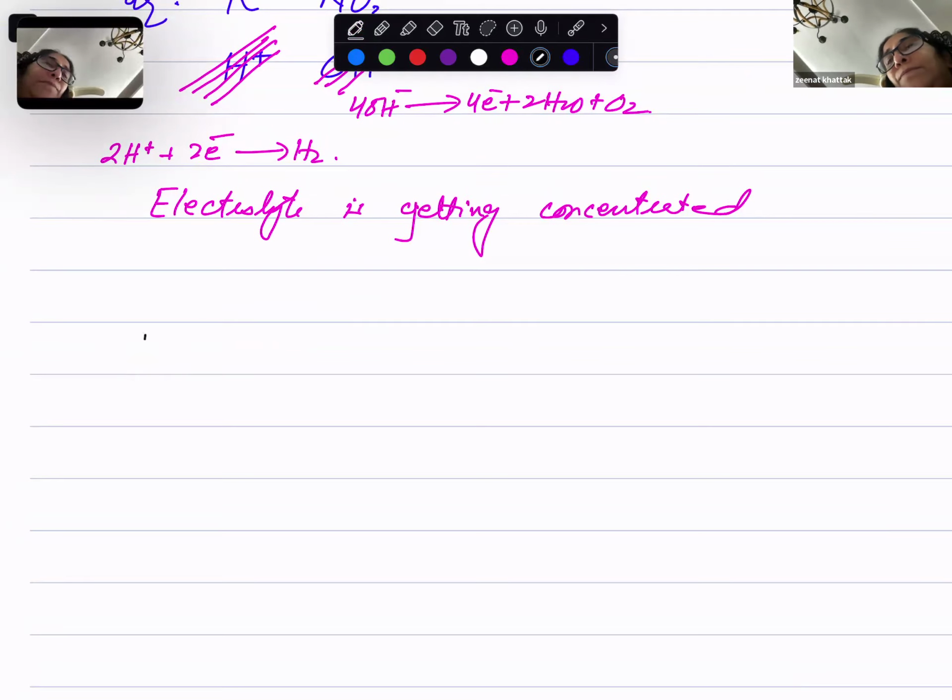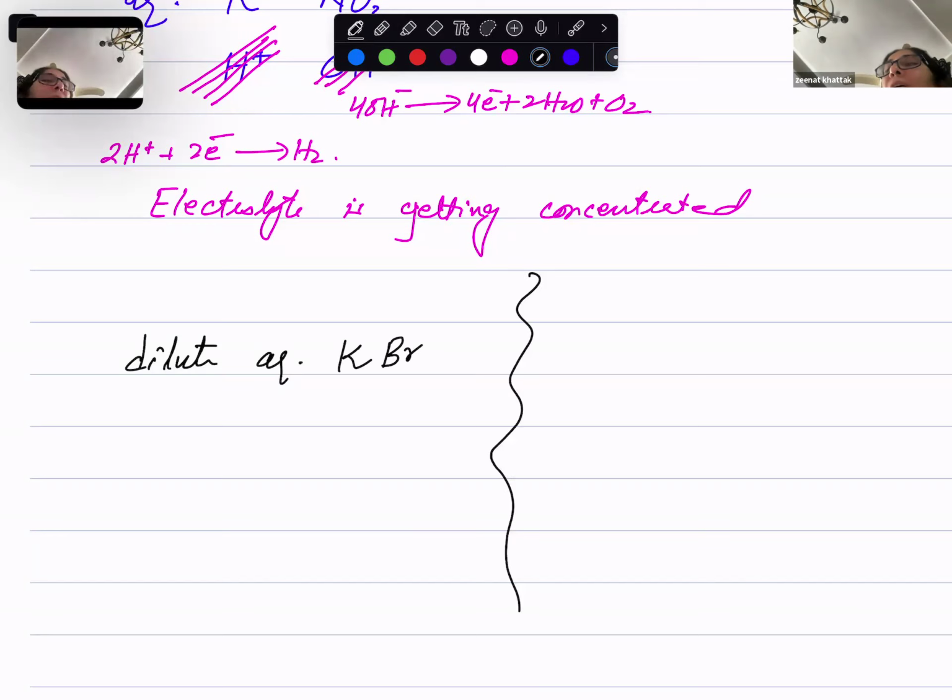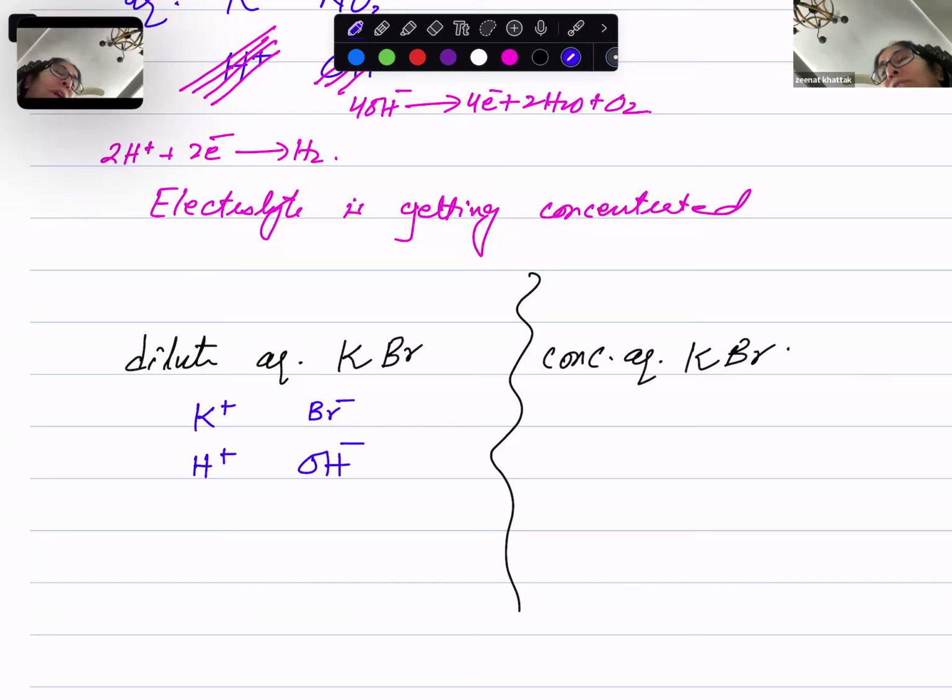Now, suppose I have dilute aqueous potassium bromide and then concentrated aqueous potassium bromide. The ions are the same: K plus, bromide, H plus, OH.